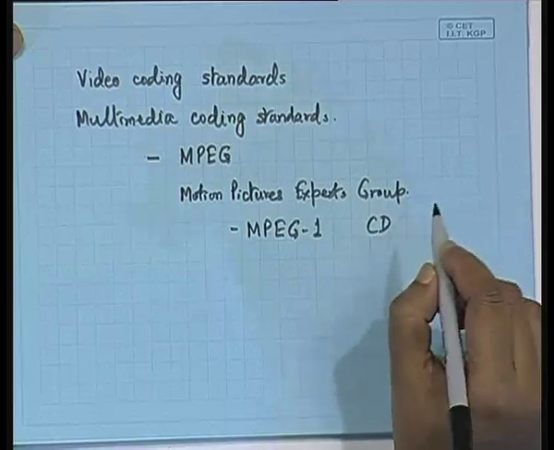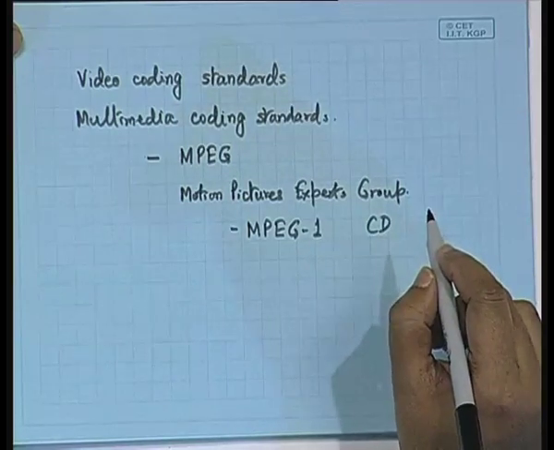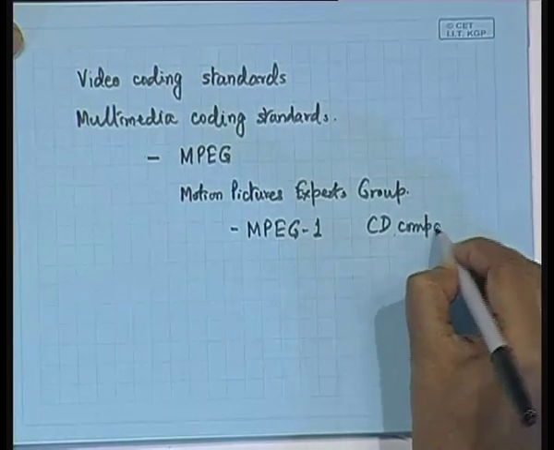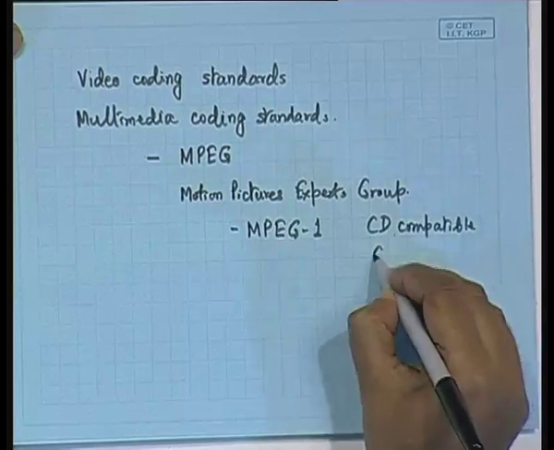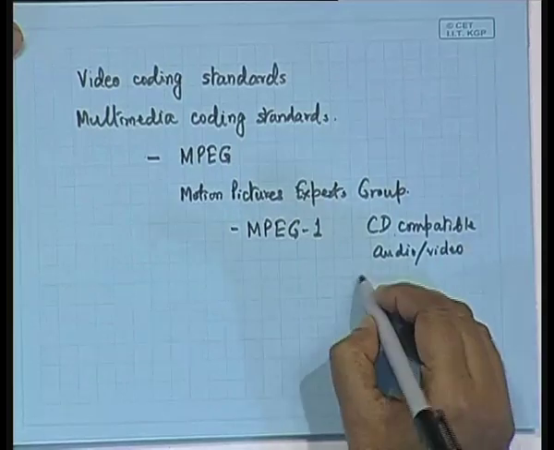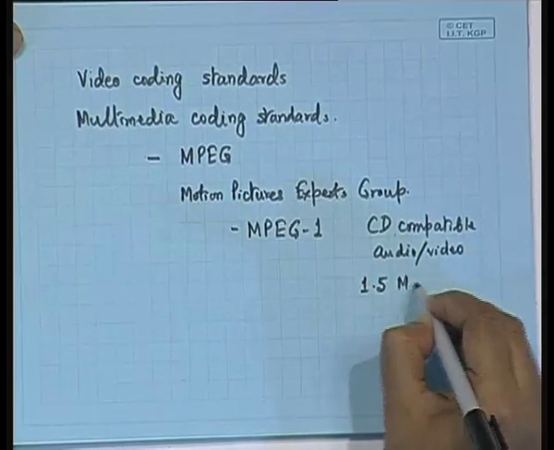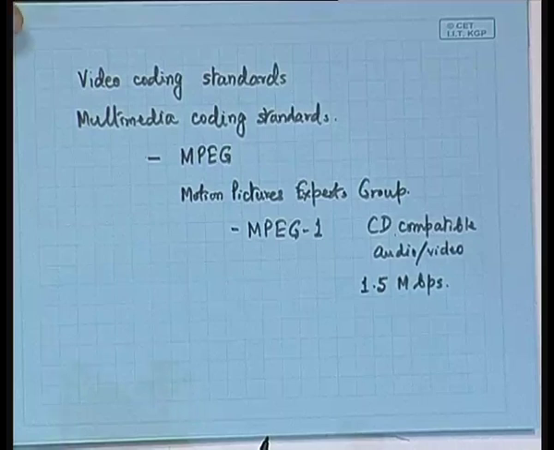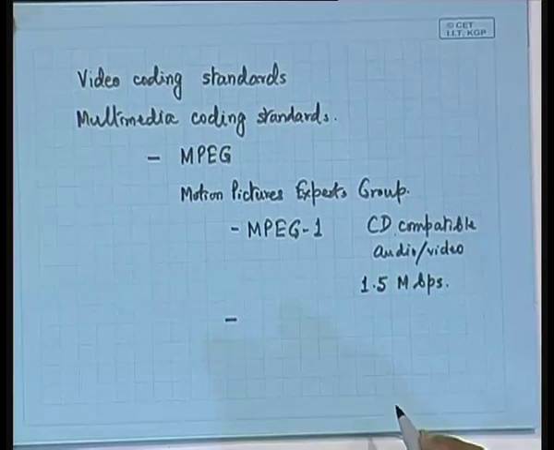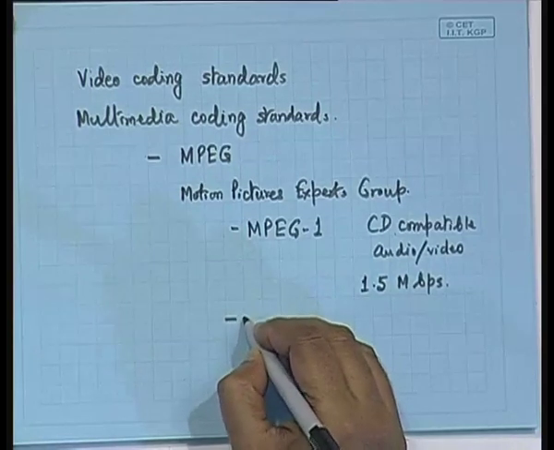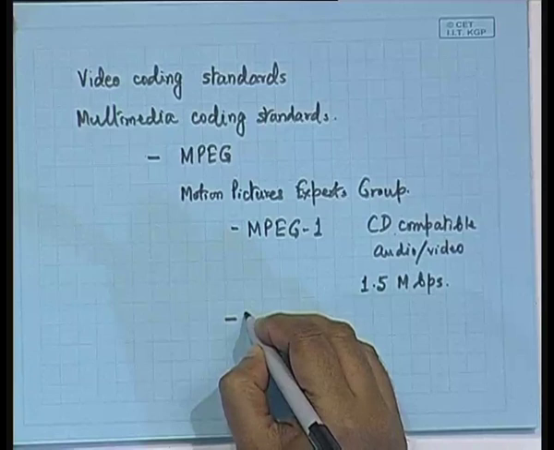So, it looked into CD compatible audio and video storage. And there the target bit rate that was specified was 1.5 megabits per second. So, this was the first of the multimedia standards. And then the second standard that came into the market was an upgraded one.